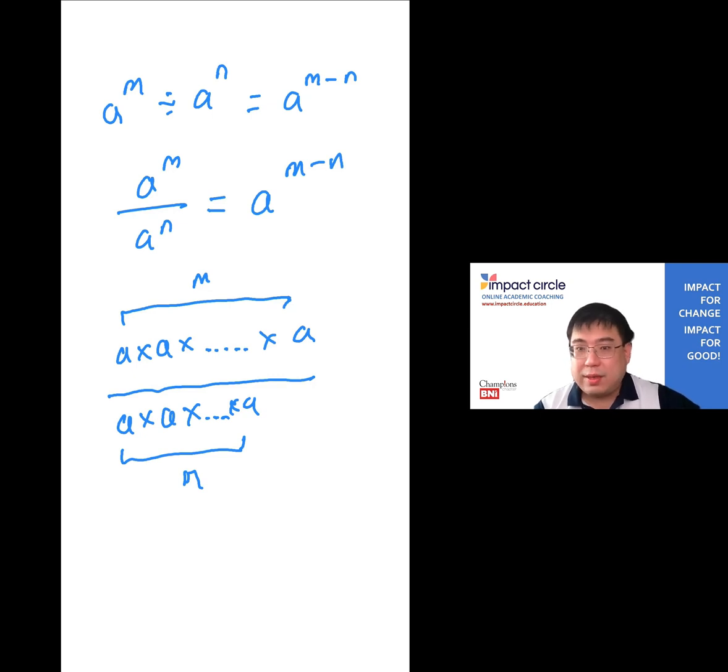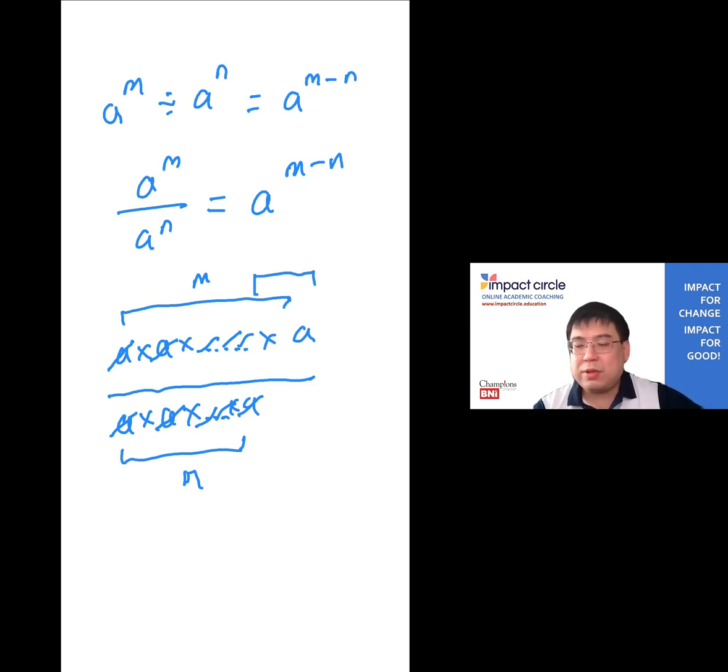So because everything is factorized, you are able to cancel one on top and cancel one below. Okay, which is actually what you're doing is you're dividing a on top and below, right? So you keep canceling on top, below, on top, below. And because m is greater than n, you have some left over on top, which have not been cancelled.